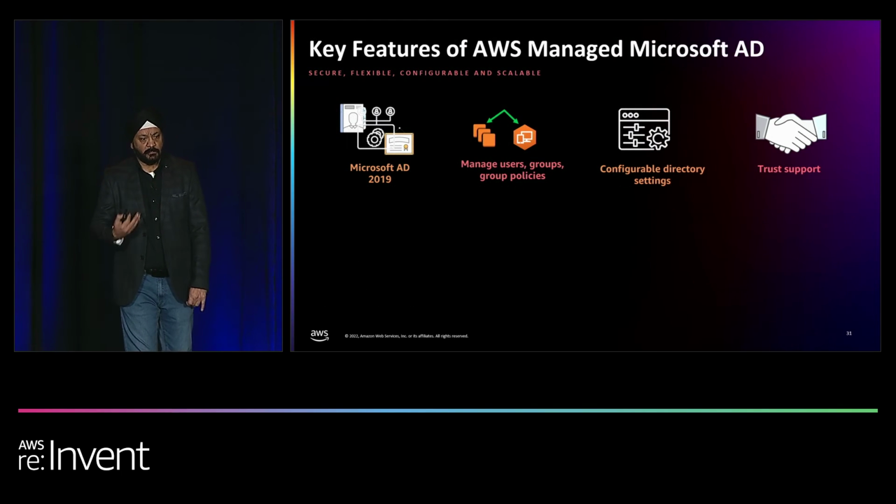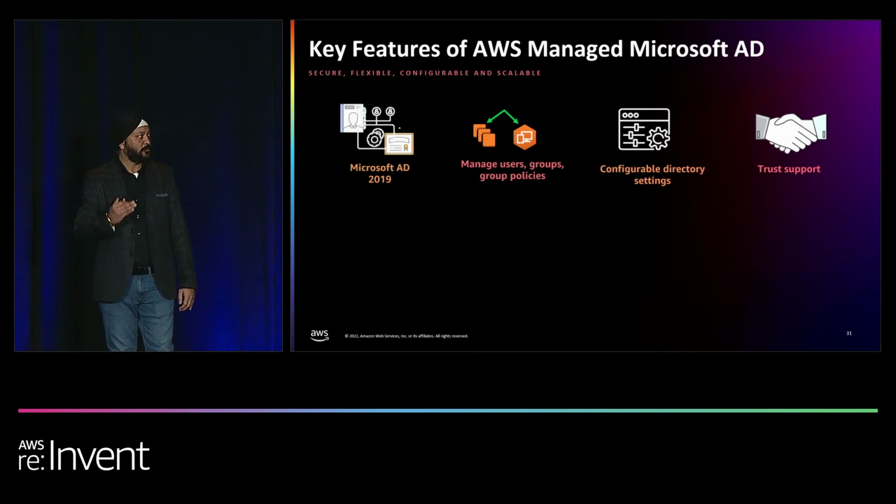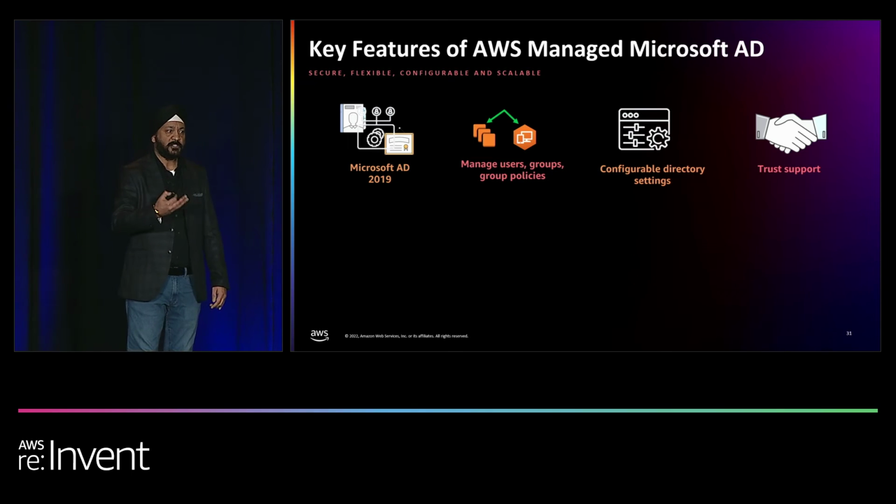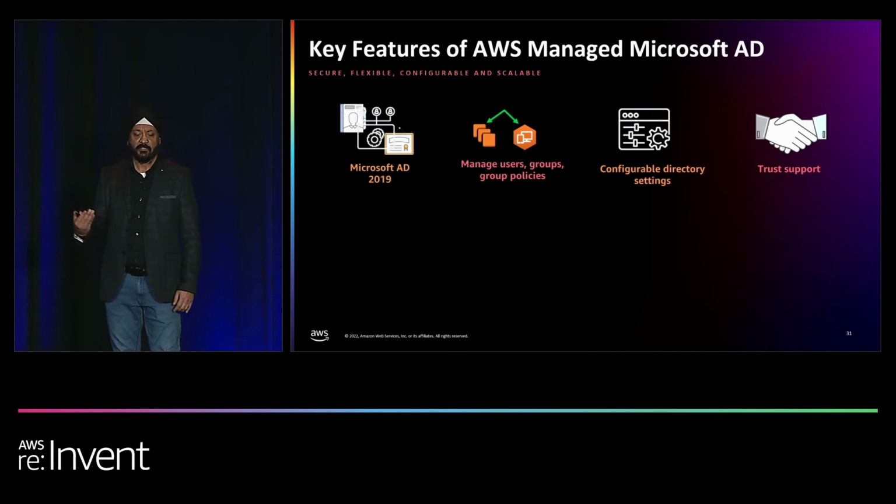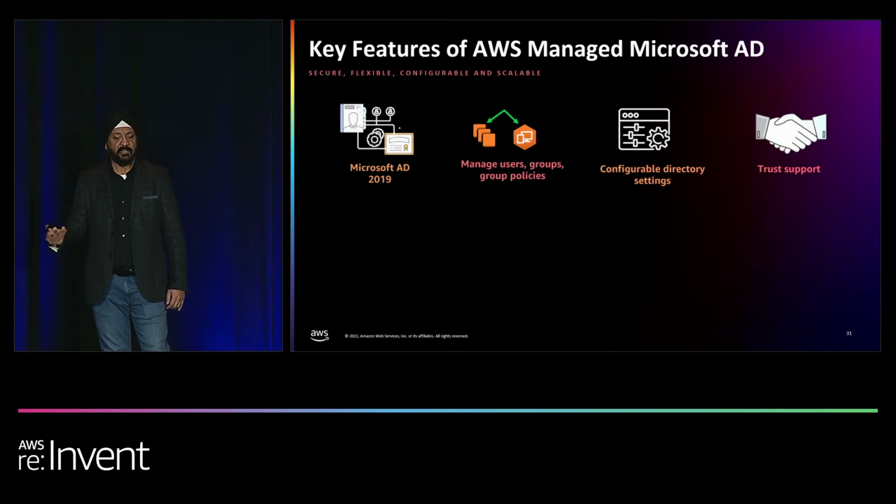And the key features on this one, really quick I'll go through, is, like I mentioned, it's actually Microsoft Active Directory version 2019. Some customers who are already using it are on the previous version of AD, and that's where we are working with those customers to migrate them over to 2019 version. But it is actual Microsoft AD. Again, used to manage your users, your groups, group policies, password policies, infosec policies.